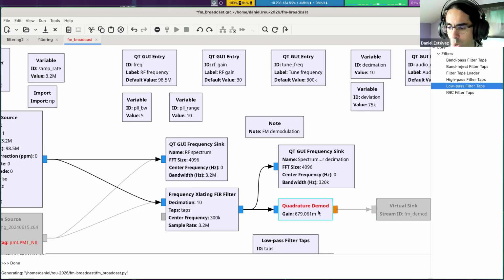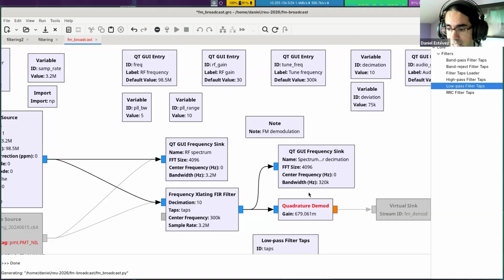And then I have this quadrature demodulator block, which I will explain in more detail in a second. But this is one of the ways of receiving frequency modulation in GNU Radio. It's one of the ways of measuring the frequency of a signal, because the way to demodulate this frequency modulation, or to receive the information which is encoded in frequency modulation, is just to measure the frequency.